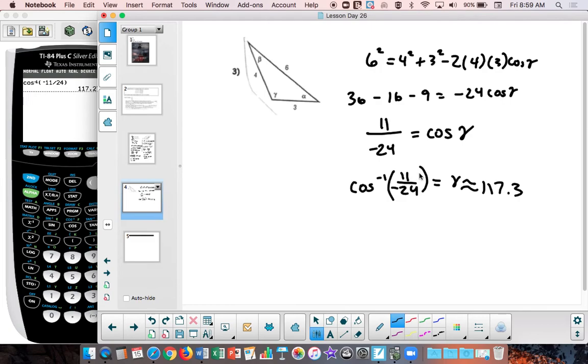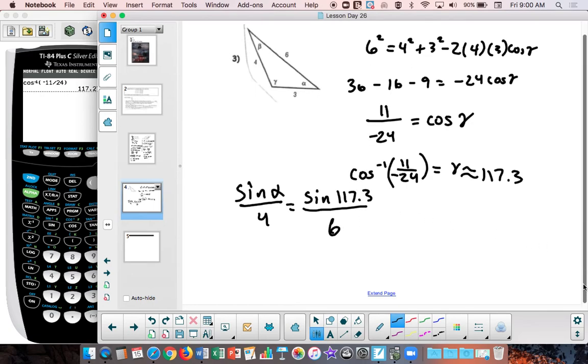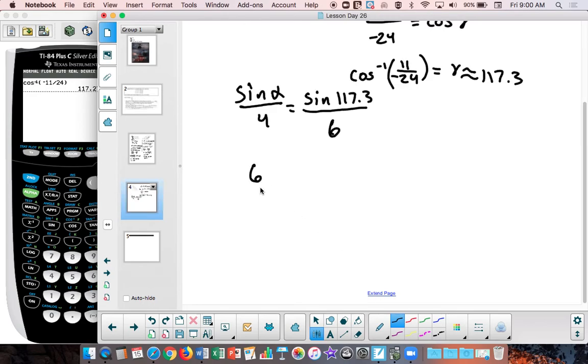And then we are working to get alpha. So sine of alpha over 4 is equal to sine of air quotes 117.3. I'm going to be using that gross decimal when I'm doing this. And we have c, which is 6. Solving for this, we're going to multiply by 6. Nope, we'll multiply by 4. Multiply by 4 and take the inverse sine.